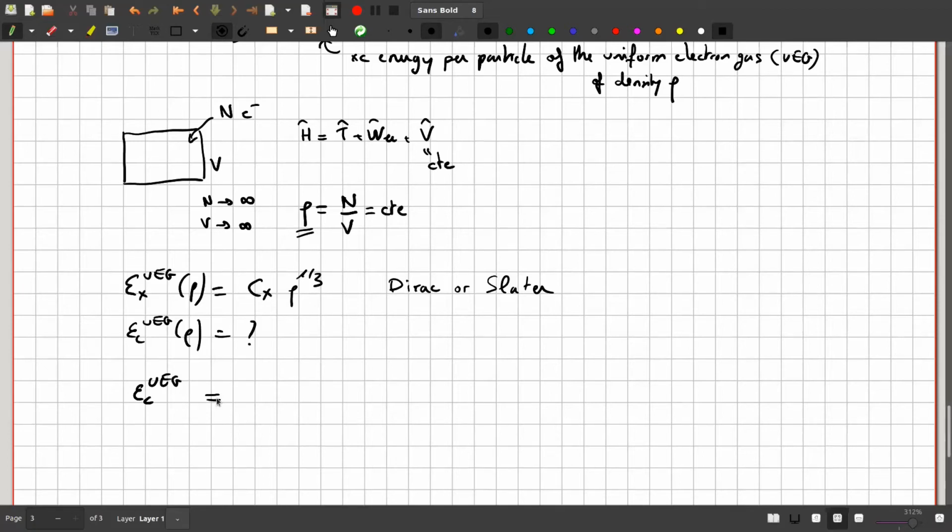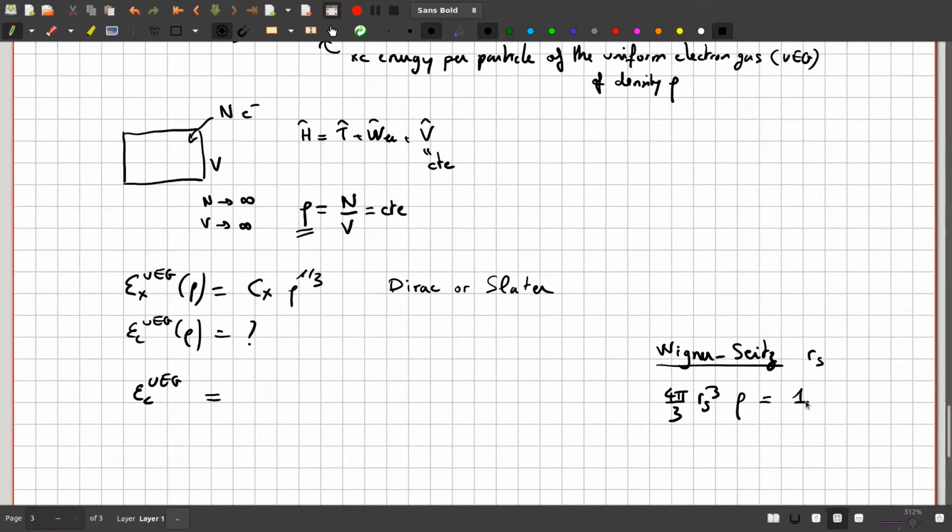Instead of using the density, we often use the so-called Wigner-Seitz radius, which is defined as the radius of the sphere containing, on average, 1 electron. So in other words, the volume of the sphere, with Wigner-Seitz radius Rs, this volume times rho must be equal to 1.